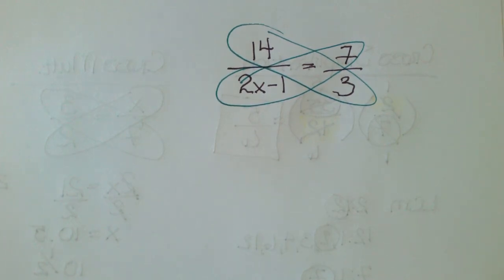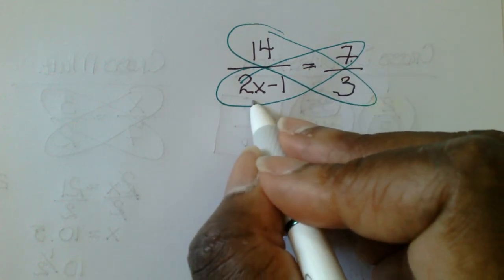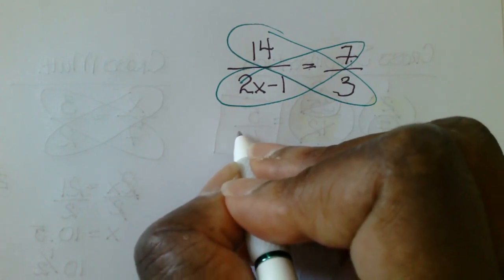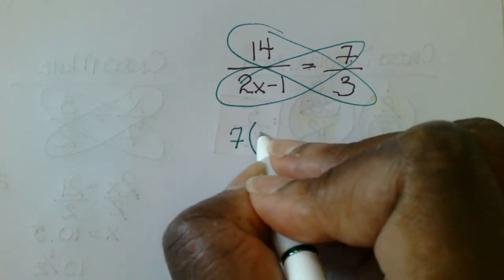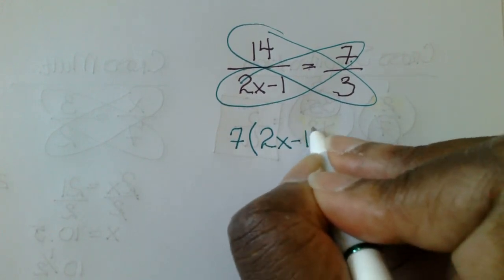Okay, so when you cross multiply, this 7 is being multiplied to the 2x minus 1. And this is where a lot of people get screwed up. You're just like, well, I don't know what to do with it. But you're multiplying the 7 to both the 2x and the minus 1.